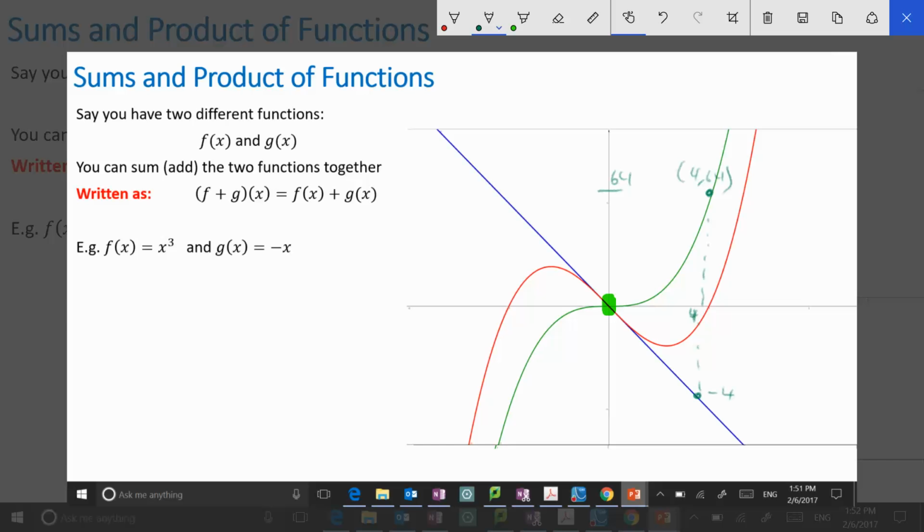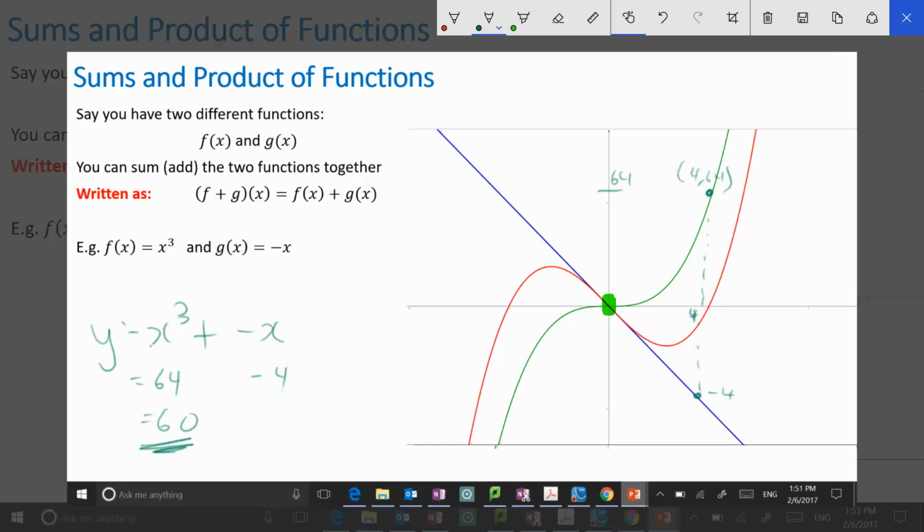If I said take the y coordinate of x cubed plus a negative x, okay, if you have a look at that, addition of ordinates, if you just think about sums of this negative x graph, the y coordinate's negative 4. Then you sum with x cubed, which is 64. 64 minus 4, 60. This is your new coordinate for the sum of these two graphs.